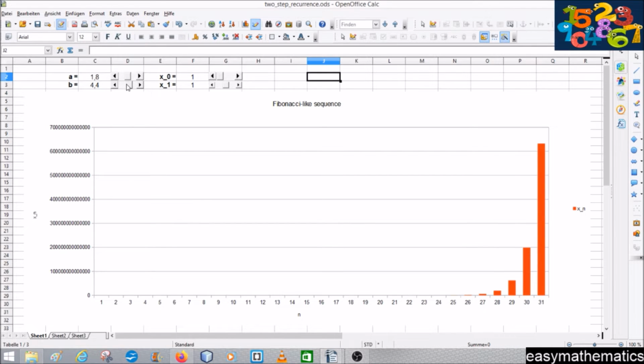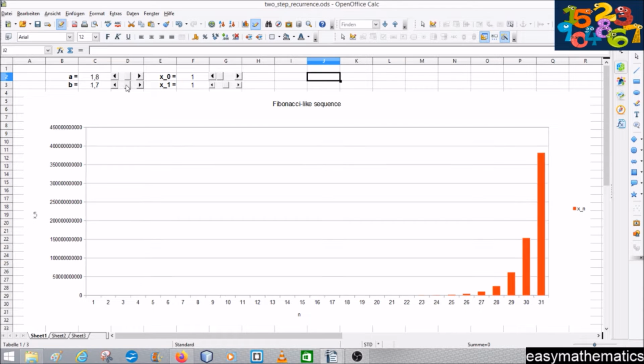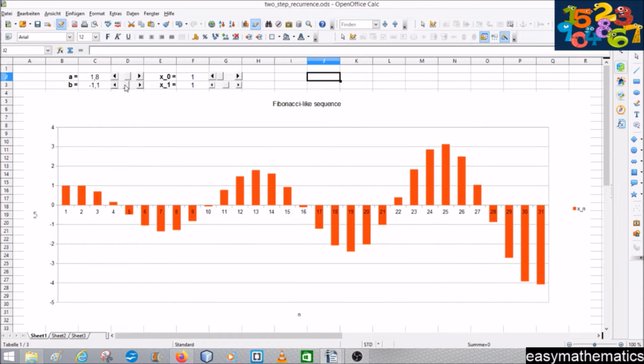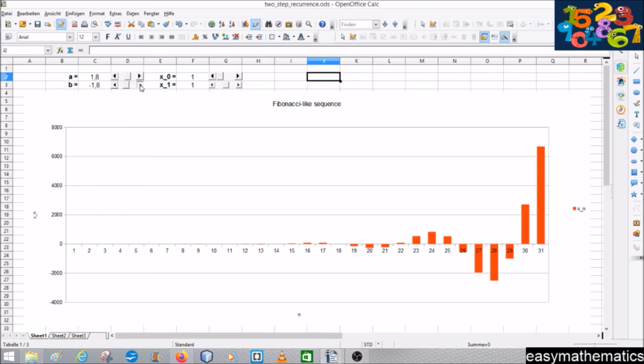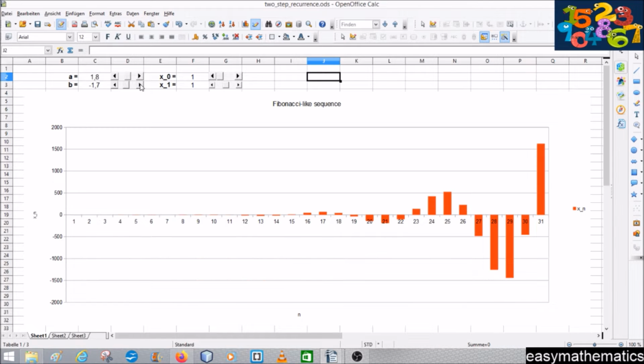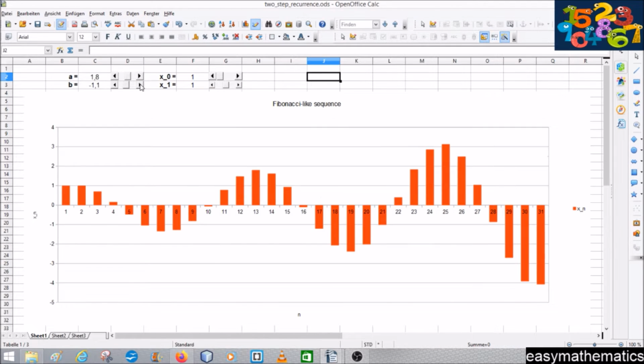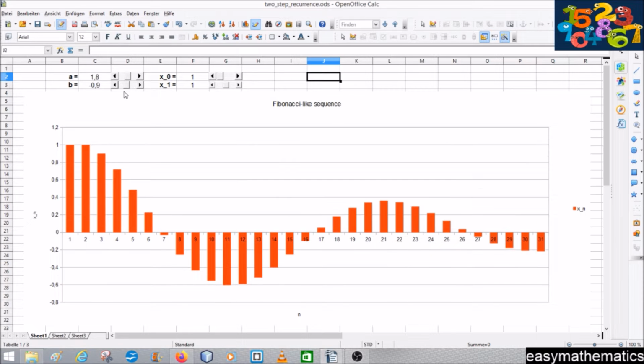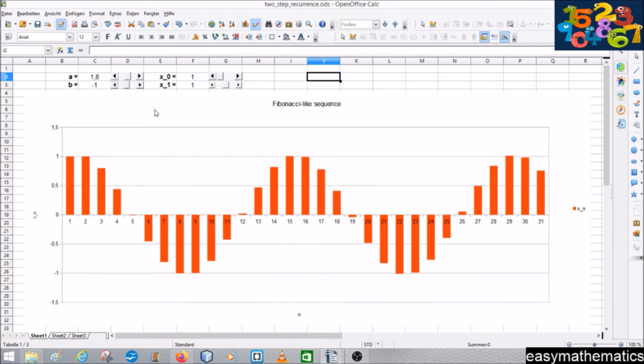And what is maybe interesting, what if we make b, for example, negative? Let's check. If we play around, for example here b minus 1 and a 1.8, yeah, we see here a nice periodic form, nearly periodic, and this reminds us of the cosine.